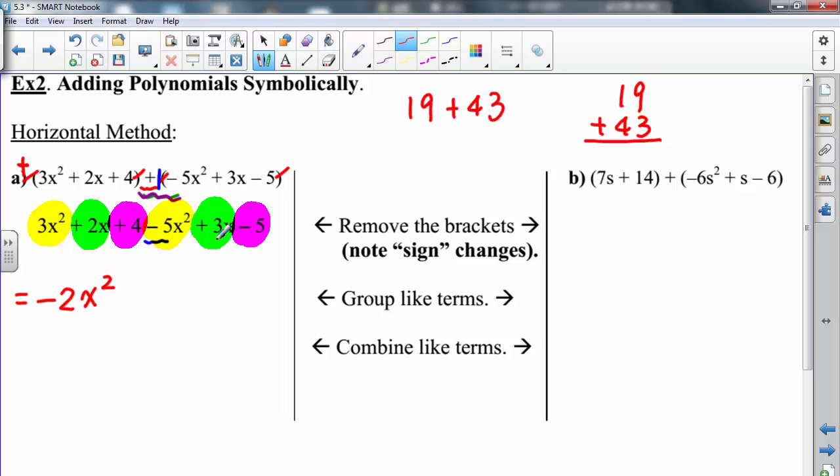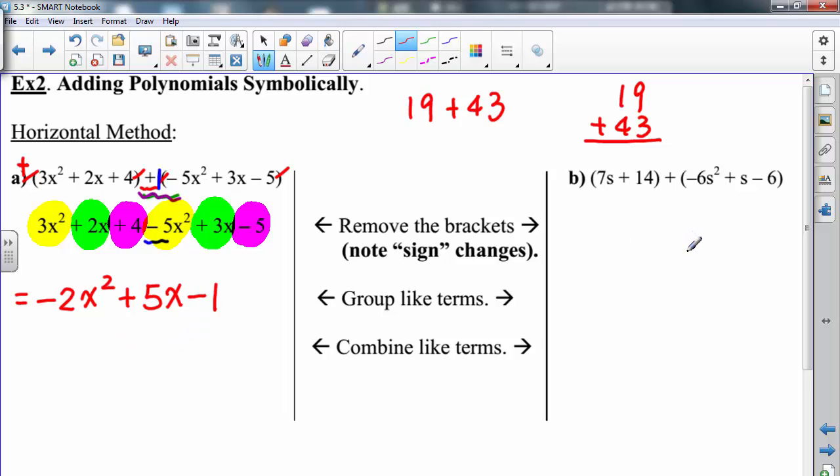Green with green. Positive 2 plus positive 3, that's positive 5. And copy the variable x. Pink with pink. Positive 4 minus 5, you also can see positive 4 plus negative 5. So this one will give you negative 1. So that's how I can add these two polynomials horizontally.